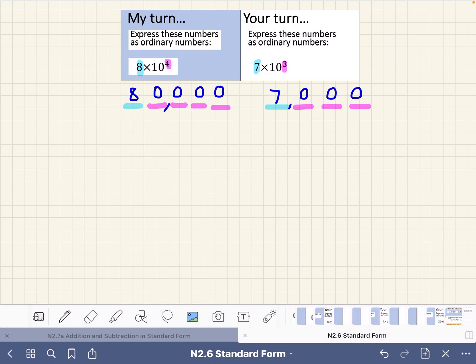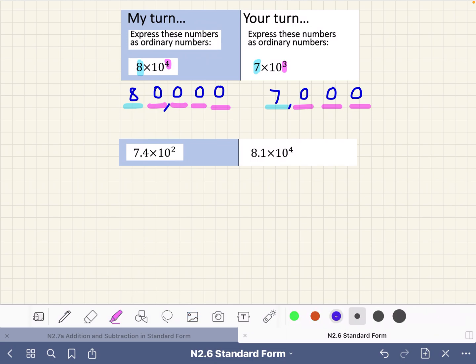Let's look at another example. In this case here, we have 7.4 times 10 to the power of 2. We have a 7 at the start of our standard form value, which means we'll have a 7 at the start of our ordinary number.